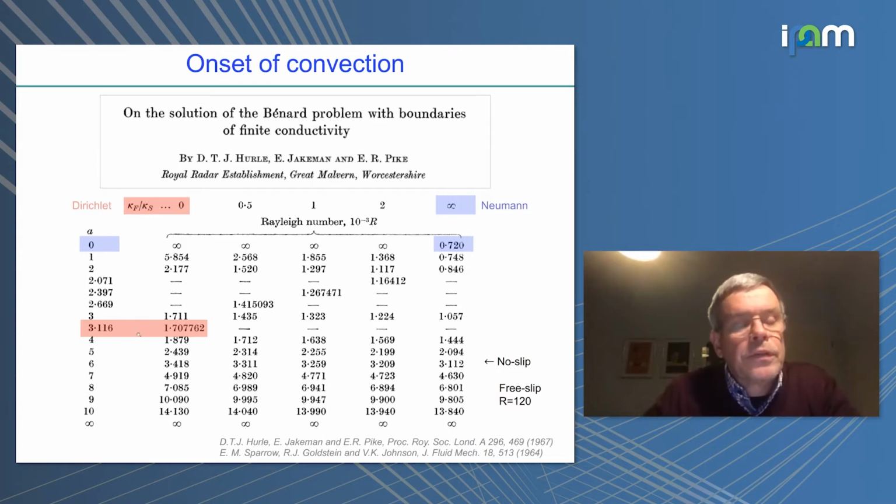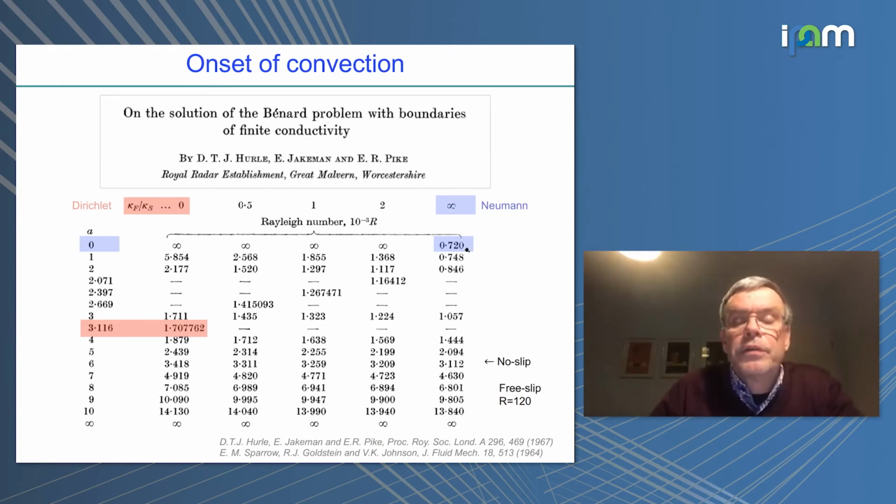And when you are conducting a stability analysis for that case, you certainly recognize the classical result of a critical Rayleigh number of 1708 and a critical wave number a of 3.11. If you go to a perfectly thermally insulating plate, it's exactly the Neumann case, and then this ratio turns to infinity.